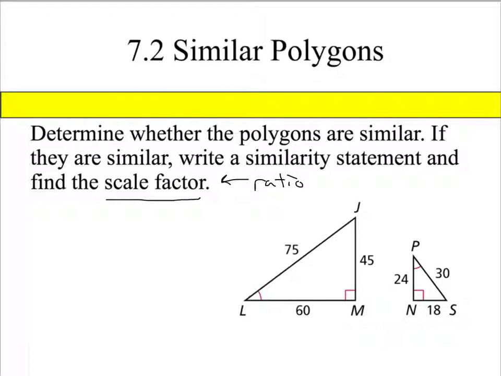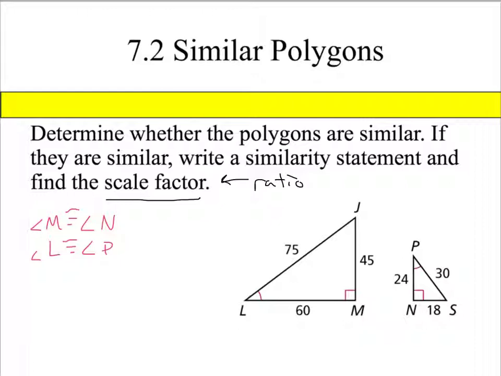All right, so now on this one, the very first thing is, do we have similar triangles? And the answer is yes. Because if I look at this, angle M is going to be congruent to angle N. We know that because they're both 90 degrees. Angle L is going to be congruent to angle P. Why?